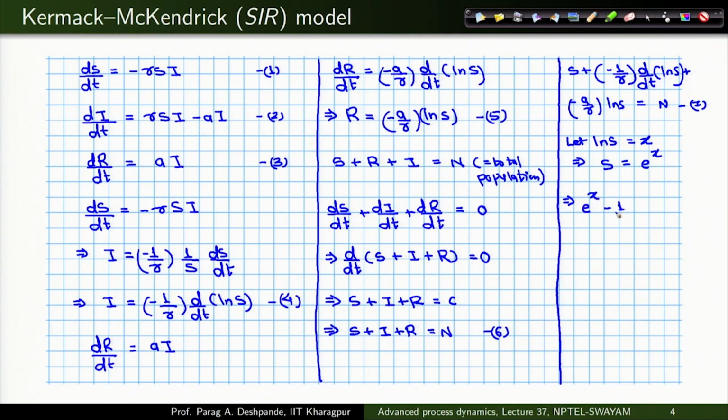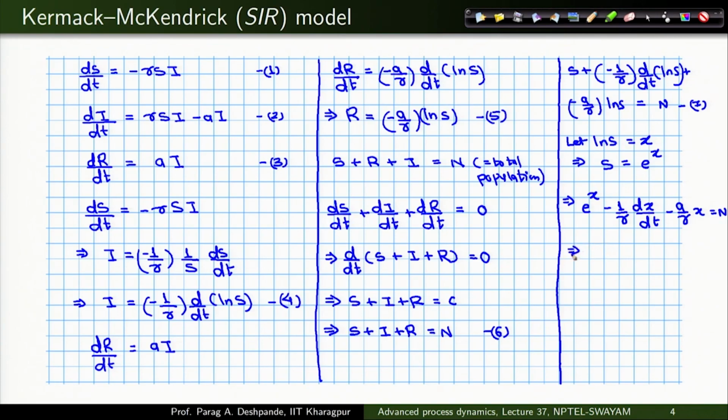minus 1 upon r dx by dt minus a upon r x is equal to n, right. So, now I have one equation.